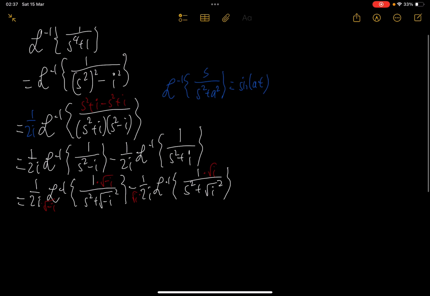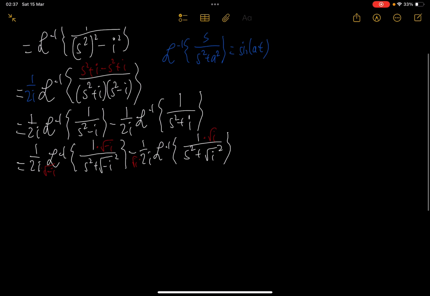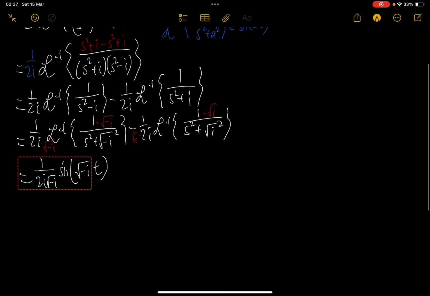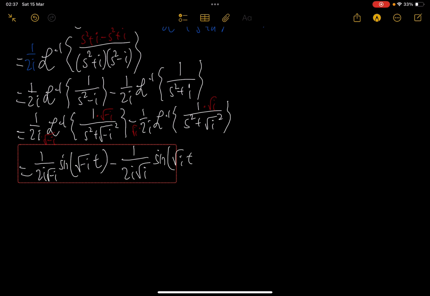Yes, let's continue. Therefore, this thing, after taking the inverse Laplace transform, you pretty much just get cos of the square root of negative i times t, minus 1 over 2i times root i, times cos of root i times t here.